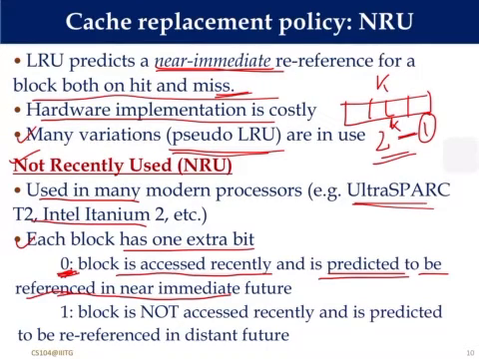If it is 0, it is a good block, to put it very simply. Now 1 says it is a bad block. The block is not accessed recently and it is predicted to be re-referenced in the distant future. So you can replace that block. Essentially it tells these two things.